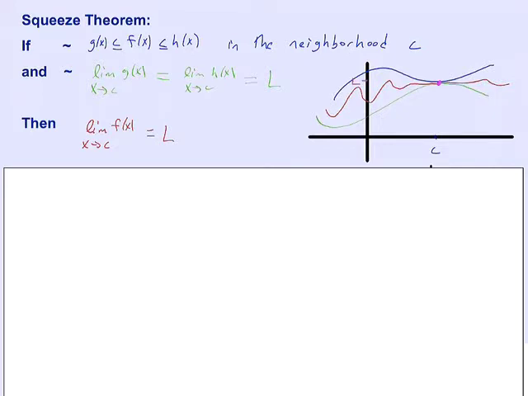So that's our L, that y value where the green function and the blue function are coming together. That means that the red function, which has to be between blue and green, is literally squeezed into that spot also. They must all have the same limit there. That's the squeeze theorem.